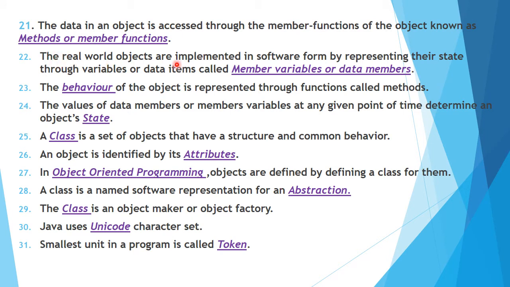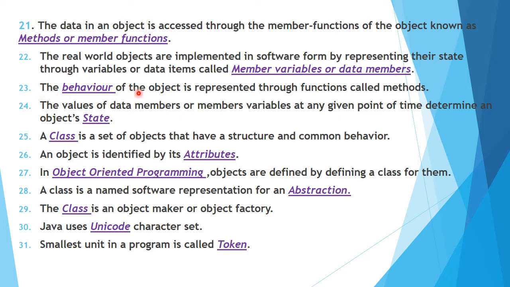The real world objects are implemented in software form by representing their state through variables or data items, and these are known as member variables and data members. You can say member variables or you can say data members also.